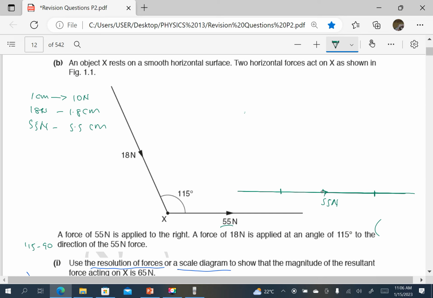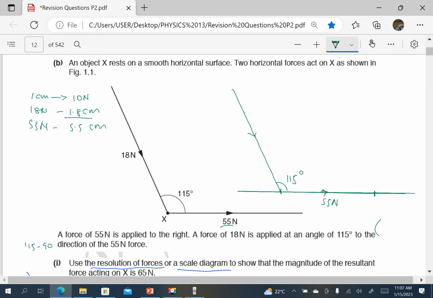I have measured 115 and I'm drawing another line. This angle here is approximately 115, and it is in this direction. But on this line, which makes an angle of 115, I must measure only 1.8 centimeters.